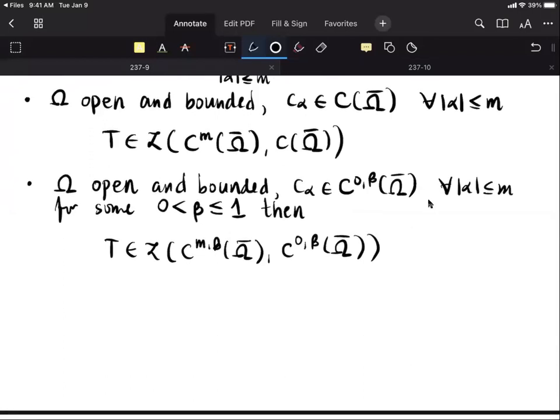Now, for coefficients C alpha that belong to Lebesgue spaces, we have the following. For this, it is enough to consider that omega is measurable.